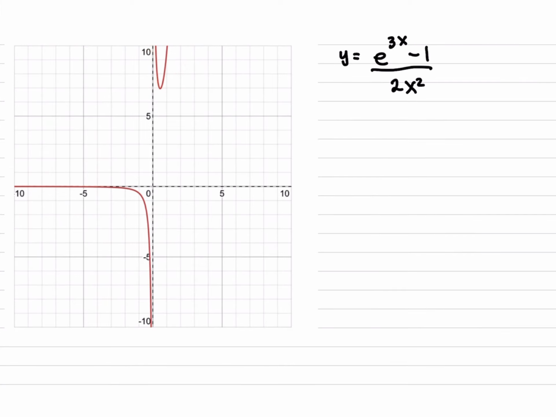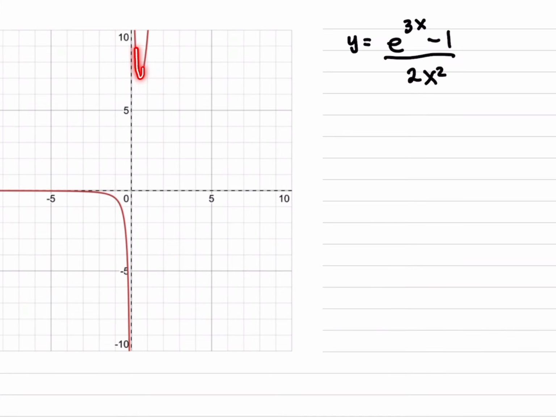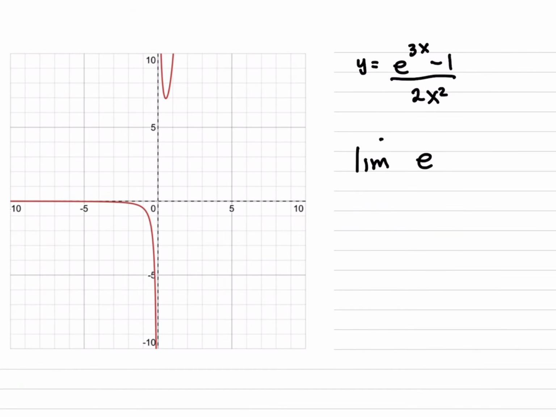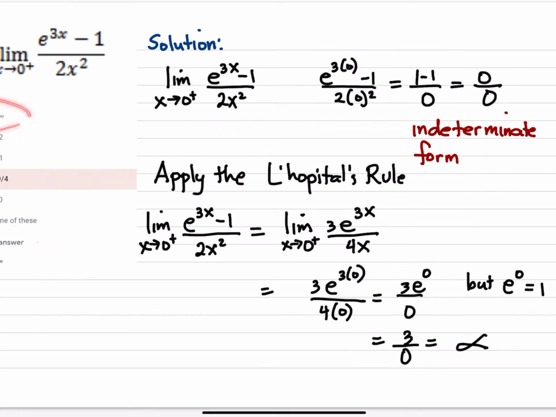Okay, look at this part of the graph. It increases without bound, which means that the limit of e raised to 3x minus 1 all over 2x squared as x approaches 0 from the right is positive infinity. And so the correct answer is letter A, which is infinity.